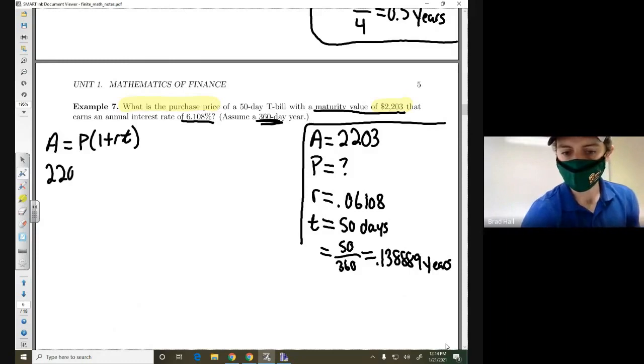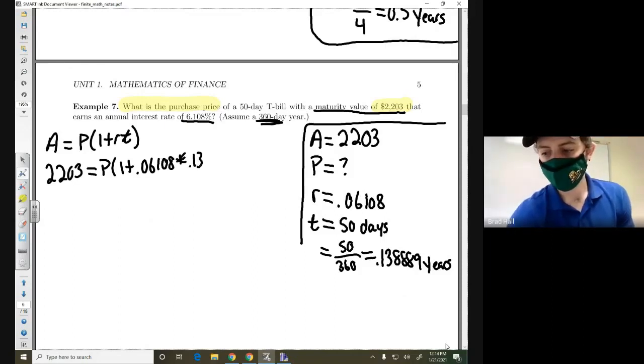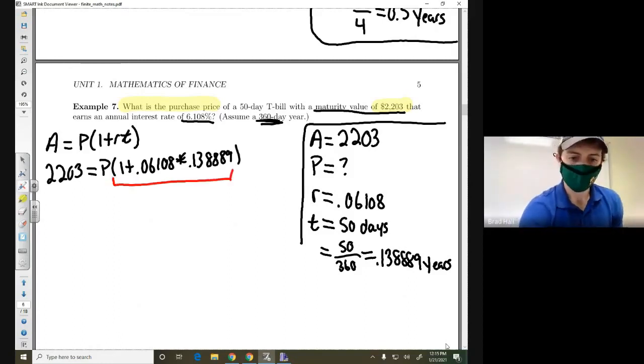A is 2,203. P is unknown, 1 plus 0.06108 times 0.138889. Since we're running low on time, we're going to put all that together.